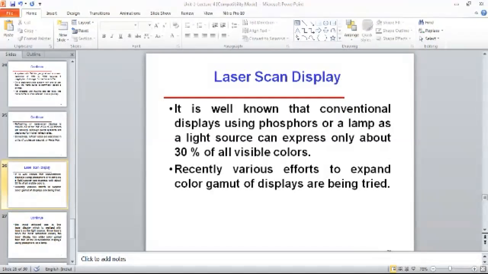So in the laser scan display, we get the color gamut, a complete set of colors. This is an expansion in the number of colors.